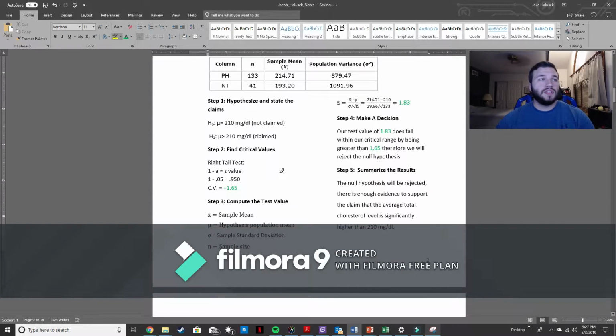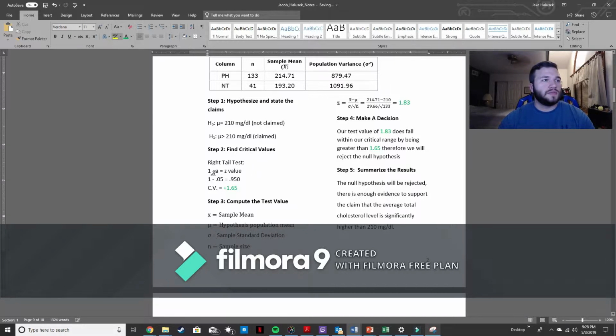Next step is finding our critical values using the right tail test, because we are looking to see if our mean is greater. So we know we are looking to the right side of the normal distribution table.